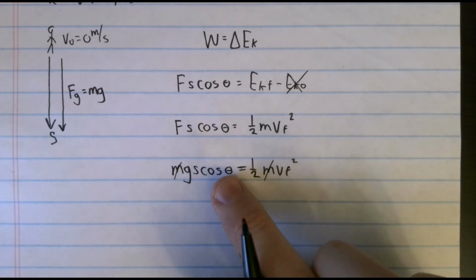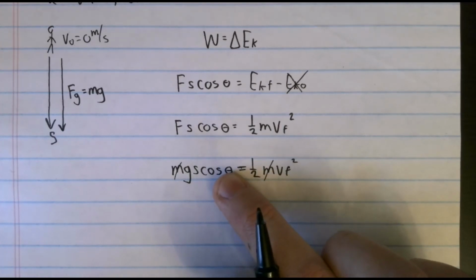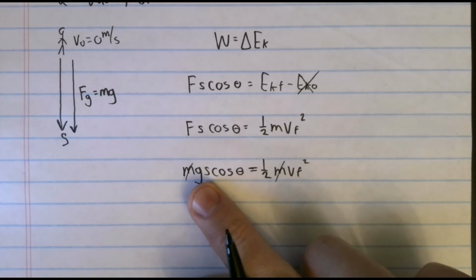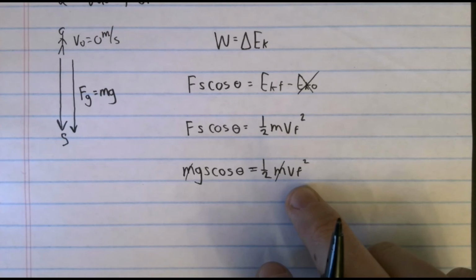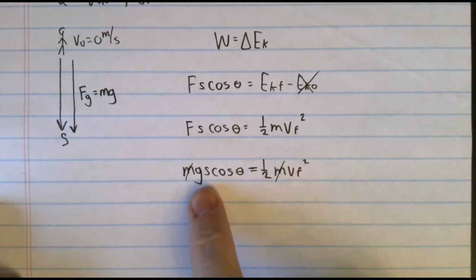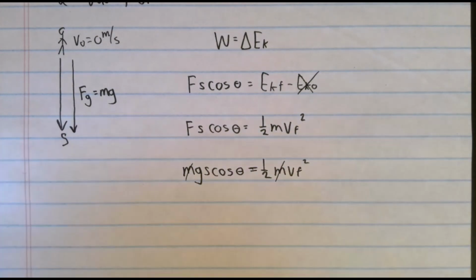Cosine is going to be, cosine of 0. Well, I'm missing a negative sign somewhere. It won't matter much though. So cosine of 0 is going to be 1. G is 9.8, and VF is a value that we know as well. So we're dividing both sides by G cosine theta.